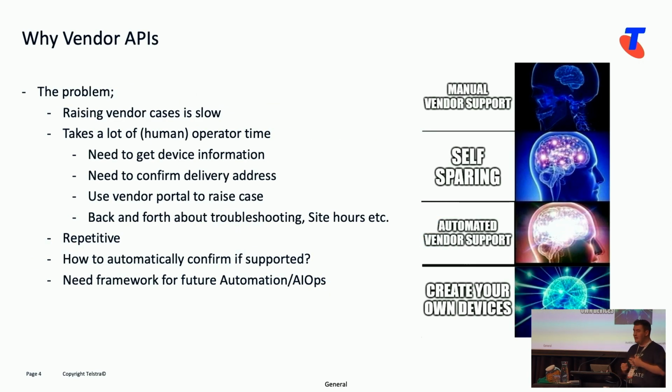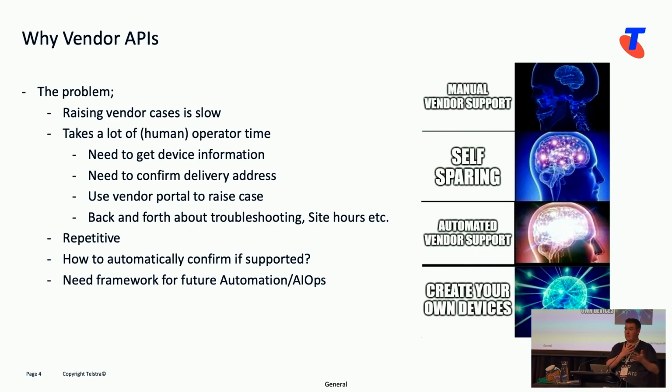So let's talk a little bit about the problem. When we have a power supply or another hardware component fail, the process to raise it with the vendor is traditionally time-consuming, and we've probably all done it.